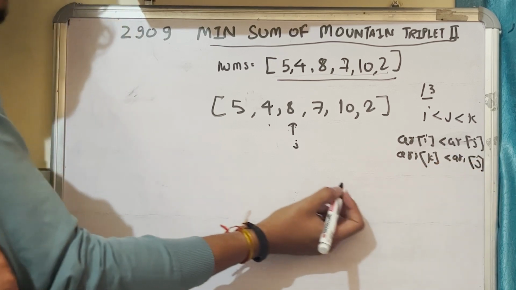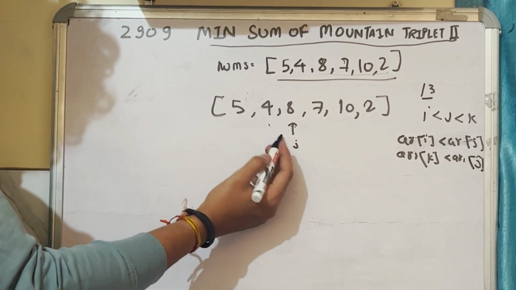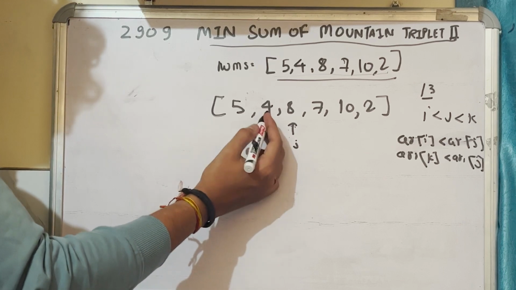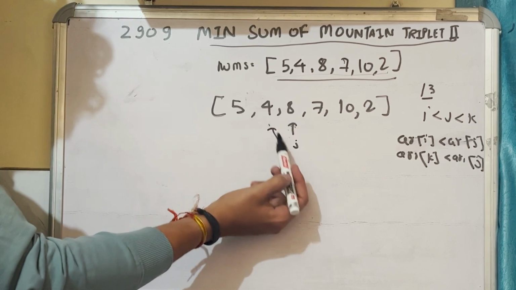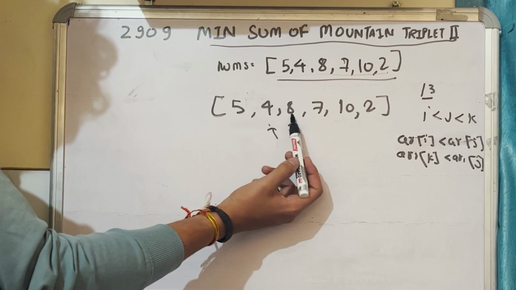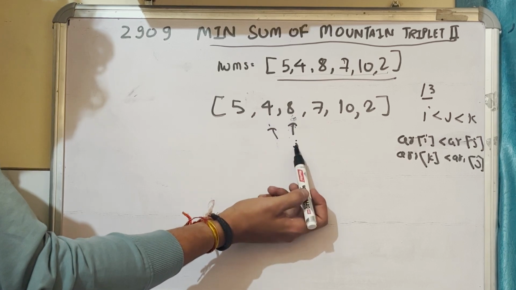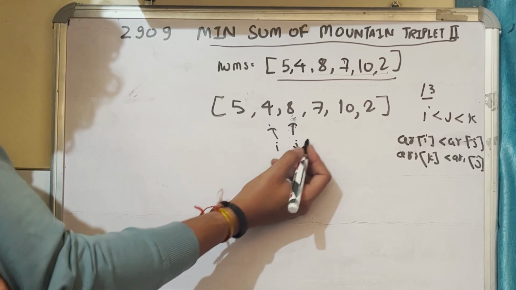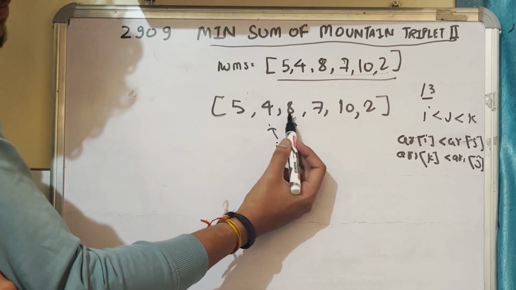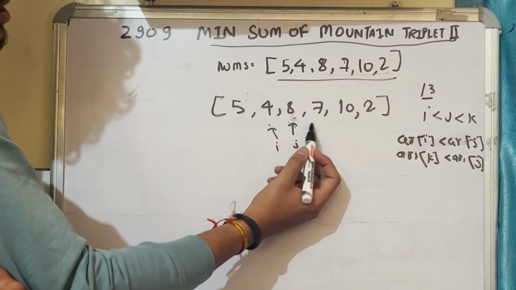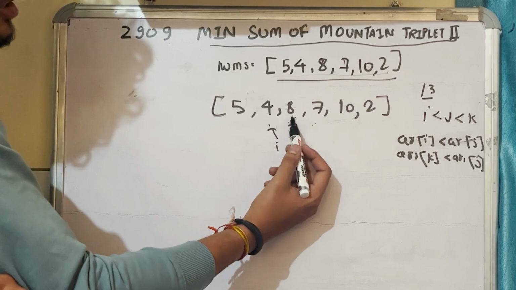These are the conditions. So you will choose j, i will be here. You will check if i is less than j. Yes. If the value is less than that pointed by j, yes. And you select index k which is greater than j and value is less than 8.